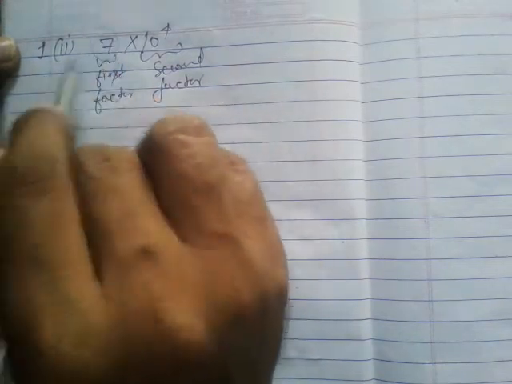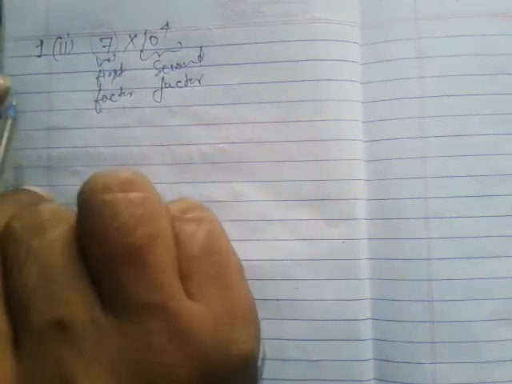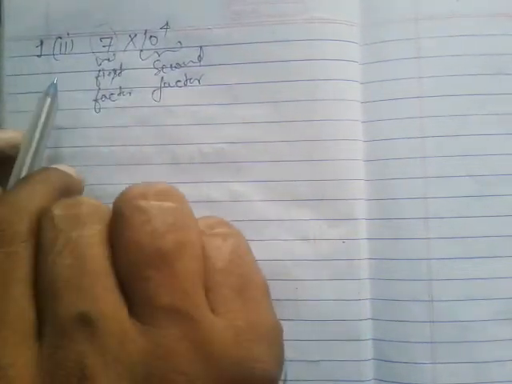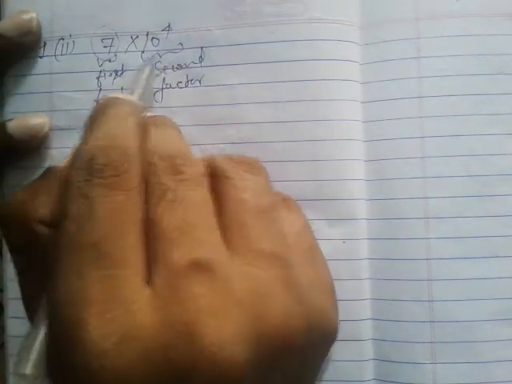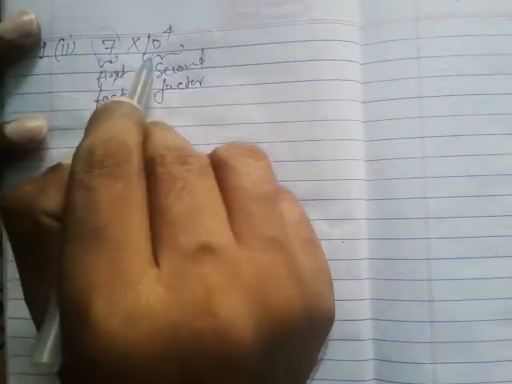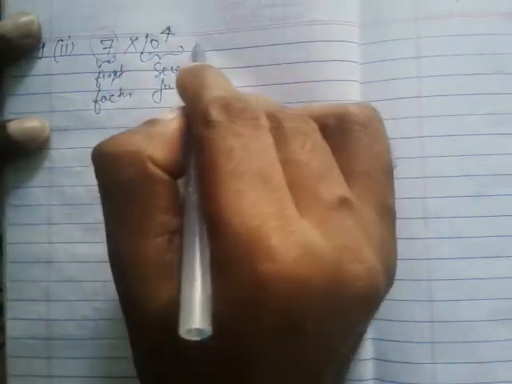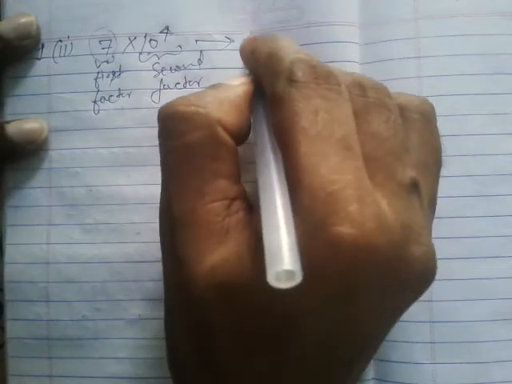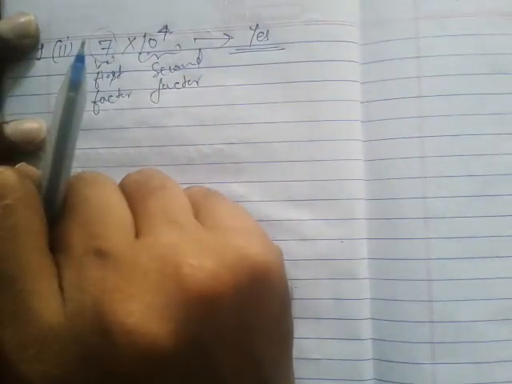First factor 7. Does it lie between 1 to 10? Yes, because 7 always lies between 1 to 10, and the second factor is written as base 10 and its power 4. So our answer will be yes. This is a correct scientific notation form.